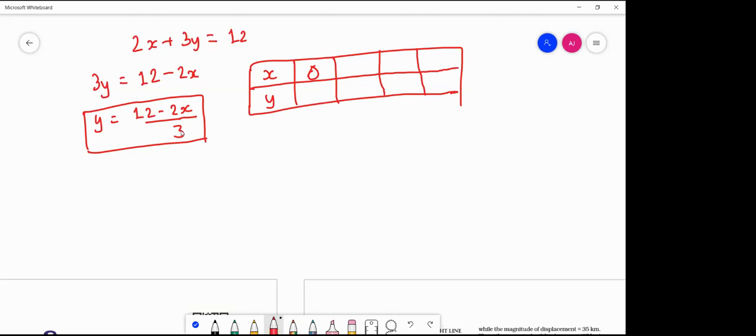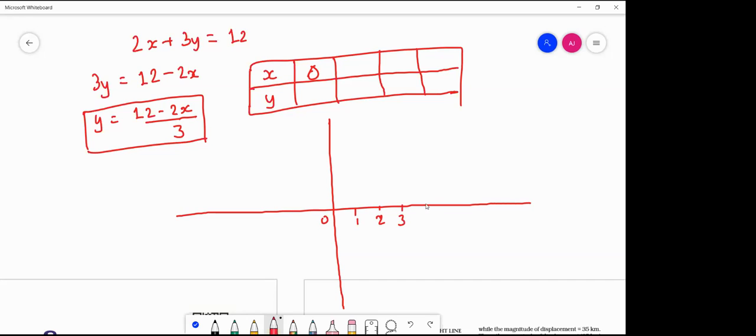When I put x equal to 0, can you tell me what will be the value of y? Can you solve it for x equal to 0? Tell me the value of y.